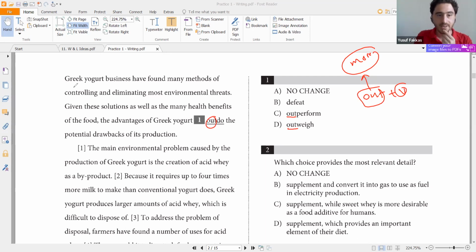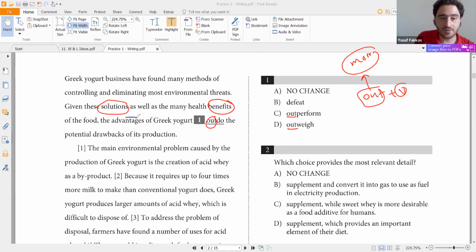So look, Greek yogurt businesses have found many methods of controlling and eliminating most environmental threats. Now, given these solutions, as well as many health benefits, so now I have solutions for the problem. Of course, this is the same passage that we've been doing, about Greek yogurt and the problems that we can have. So these solutions, in addition to the health benefits, because of these, what's happening?